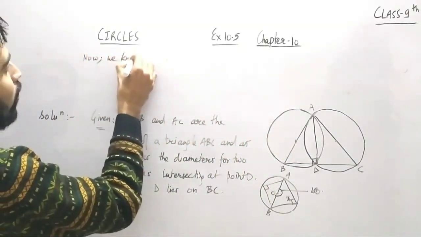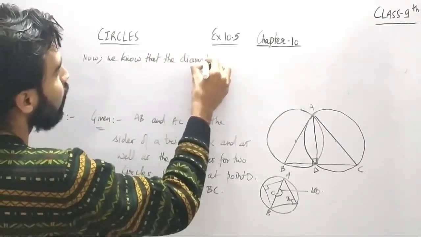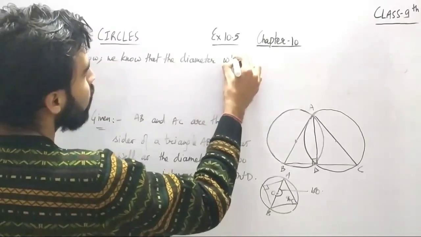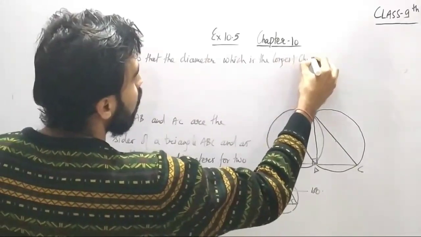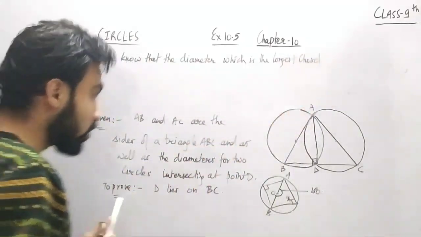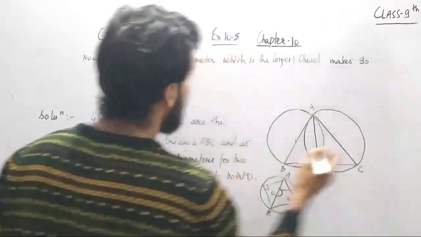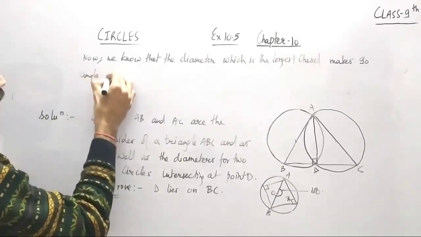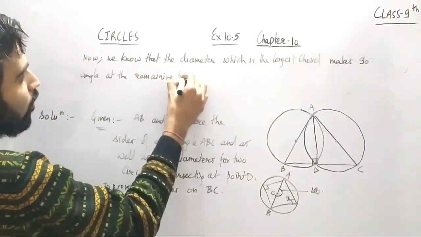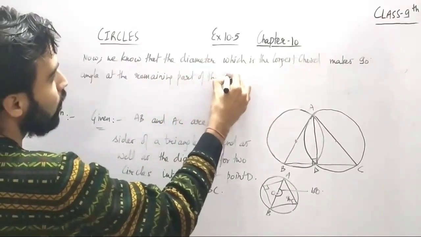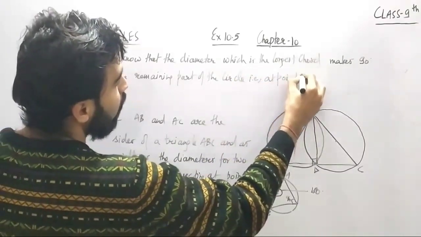Now, we know that the diameter, which is the longest chord, makes a 90 degree angle at the remaining part of the circle, that is at point D, right?